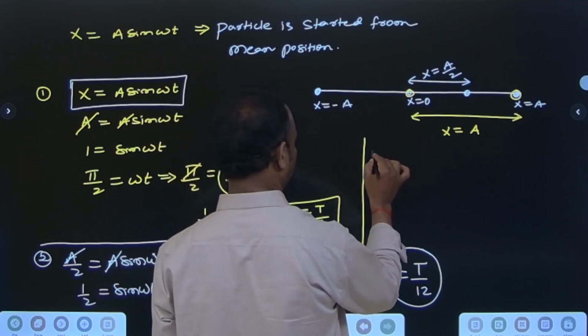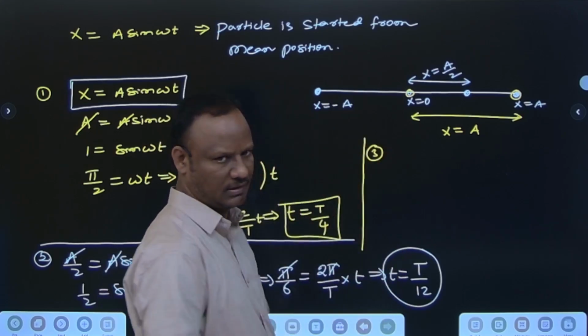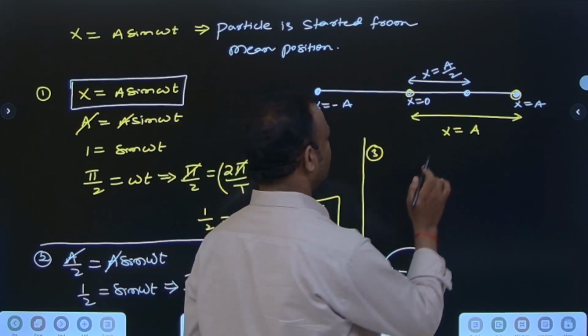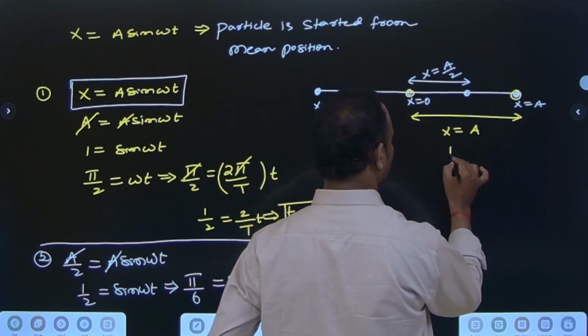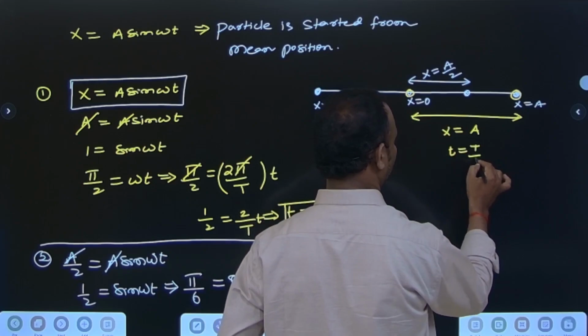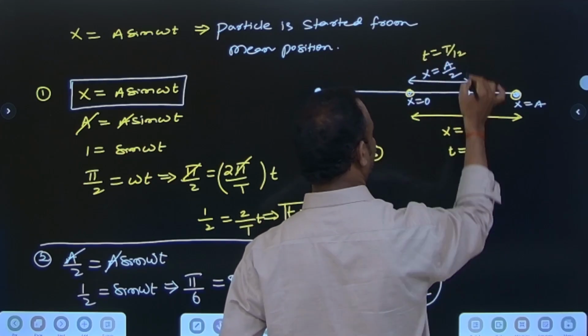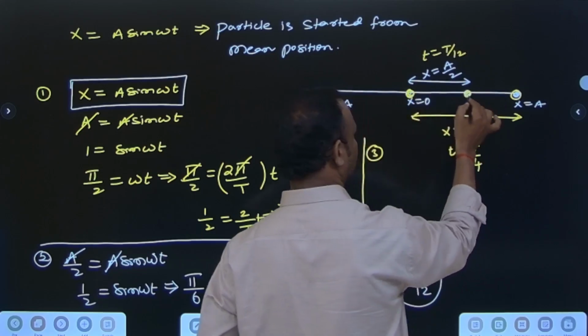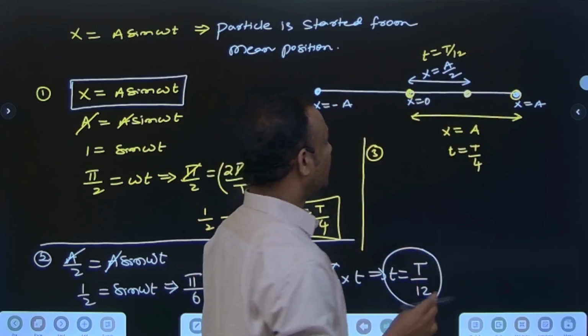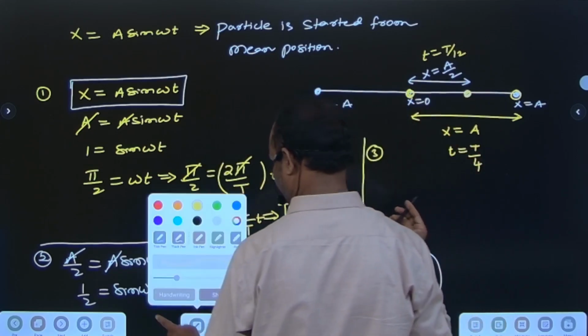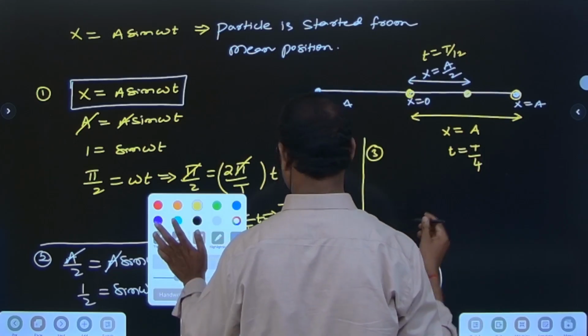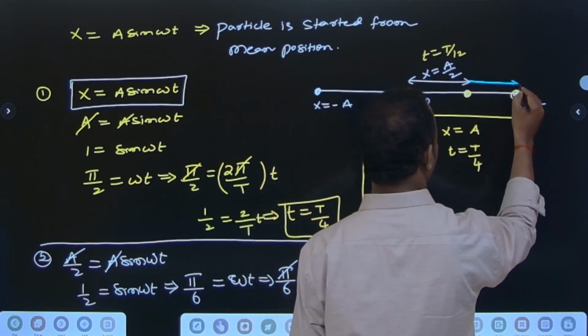Next, for the third one, I'm doing a cross check. Sir, from here to here, what did you get? T by 4. But this one is T by 12, from here to here. Correct? So what is the time taken from this to this?